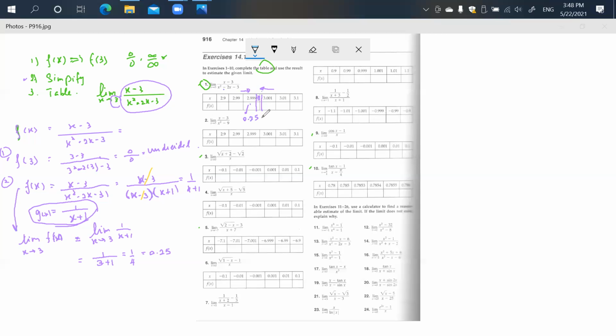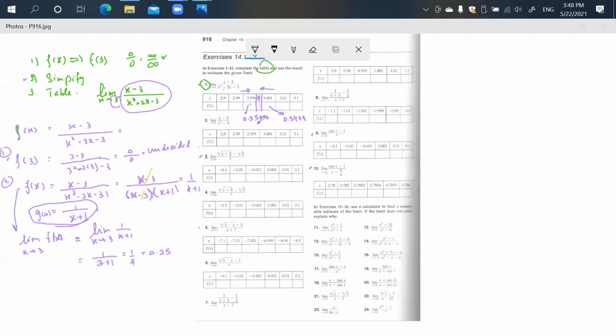So when you practice it, 0.2506 something. But when you replace x equal to 3.001 in the function, the value of y, or f of x, is going to be about 0.2499 something.